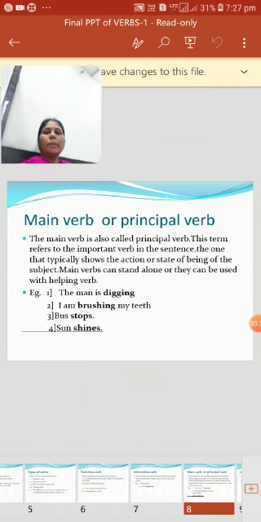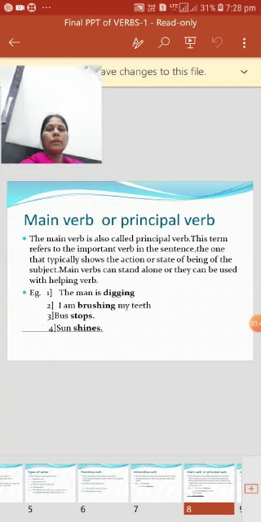Next we will see the main verb or principal verb. The main verb is also called principal verb. This term refers to the important verb in the sentence, the one that typically shows the action or state of being of the subject. Main verbs can stand alone or they can be used with the helping verbs.